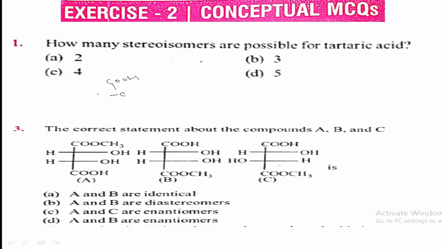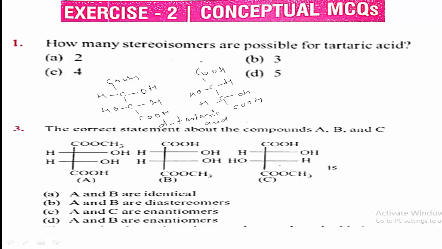The tartaric acid structure is here: H, this is OH, and this one OH, and this one H, and this one is COOH. The name of this one is D-tartaric acid. And this structure is also written with COOH, here C, OH, H, and here C, H, OH, and here COOH.